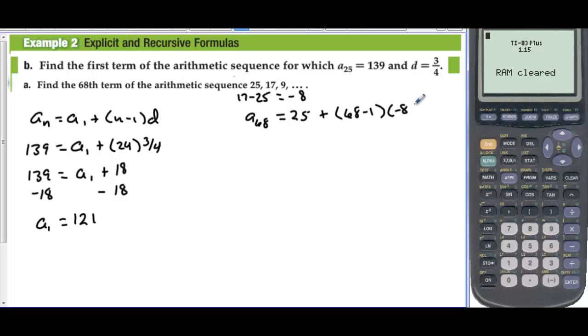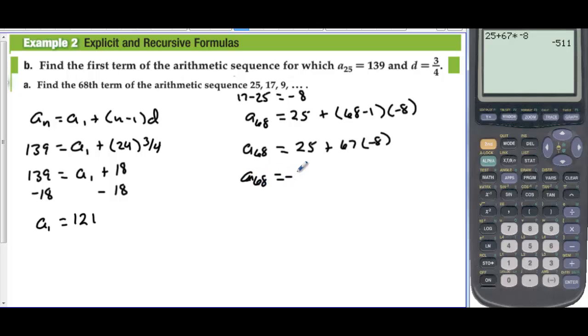So a sub 68 is equal to 25 plus 67 times negative 8. And that's equal to negative 511. So a sub 68 is equal to negative 511.